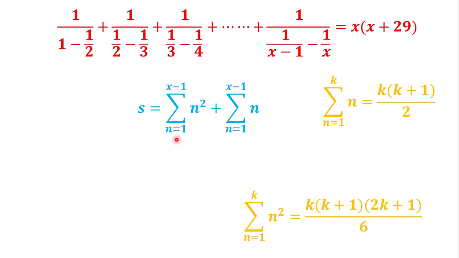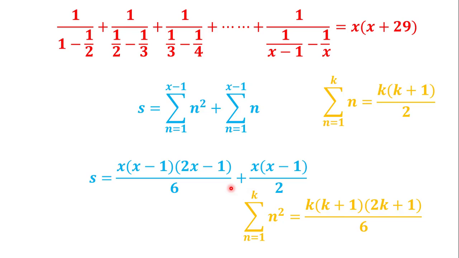So this sigma is going to be x minus 1 times x minus 1 plus 1 times 2 times x minus 1 plus 1 over 6. X minus 1 plus 1 is going to be x, and 2 times x minus 1 plus 1 is going to be 2 times x minus 1.